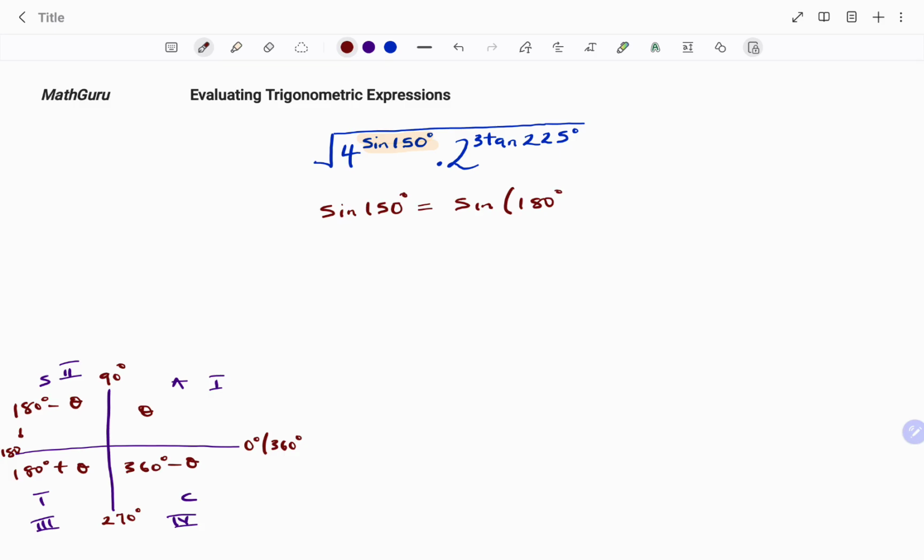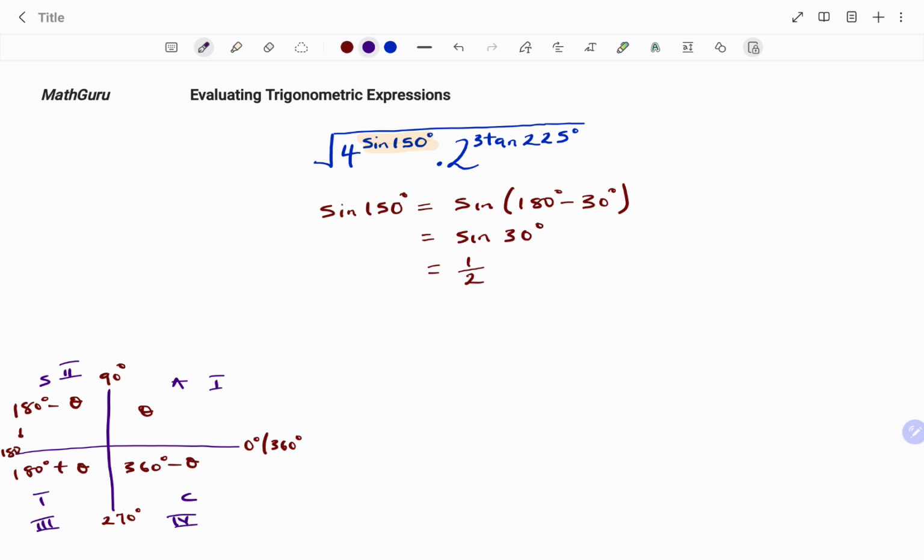So I need an angle so that if I subtract it from 180, that gives me 150, and that will be 30 degrees. Now if you look at that second quadrant, sine is positive, and then that will be sine of 30 degrees. And if I use my special angle, sine 30 is a half, that's 1/2.